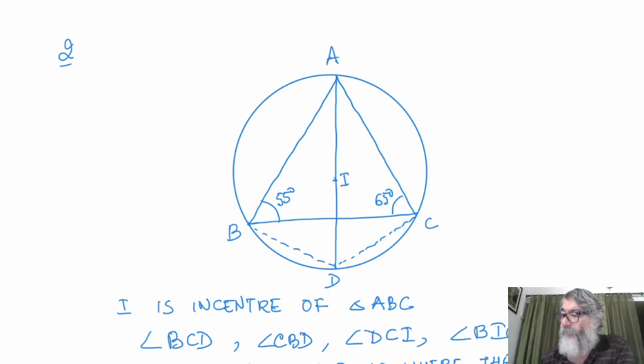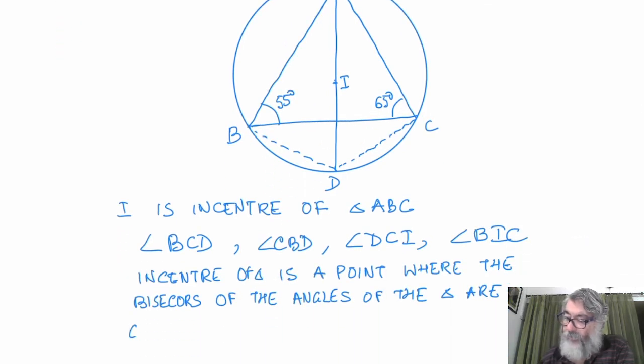Concurrent means passing through the same point. That means I is the point where all three bisectors of the angles meet.